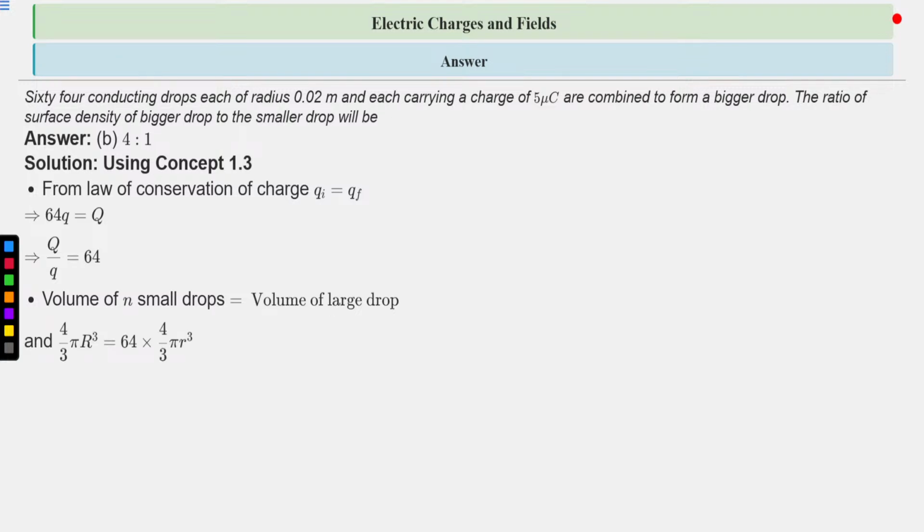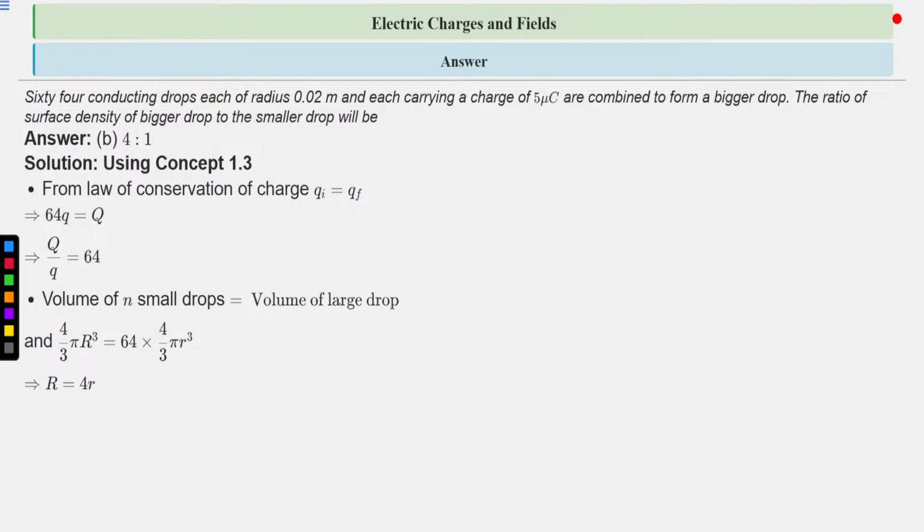So 4 by 3 pi capital R cube, capital R is the radius of the bigger drop here, equal to 64 into 4 by 3 pi small r cube. So 4 by 3 pi small r cube is the volume of one small drop, and into 64, because 64 drops are combining, so the volume of 64 drops is equal to the volume of the bigger drop.